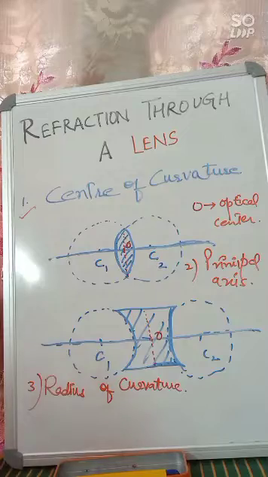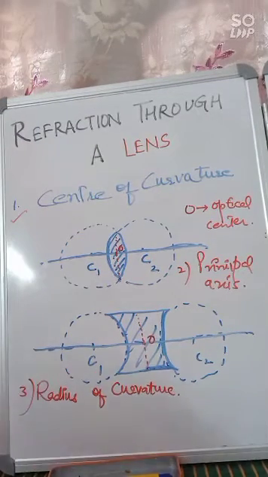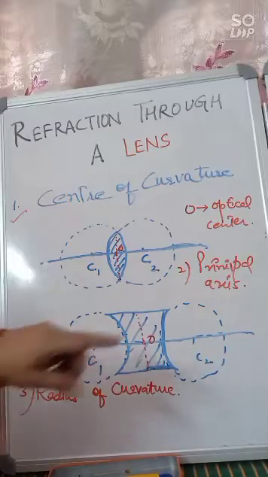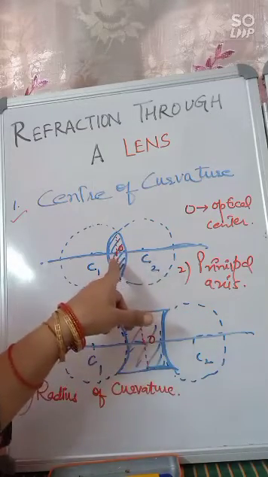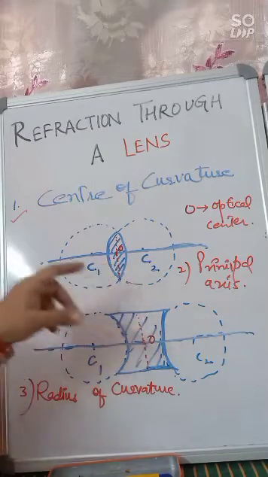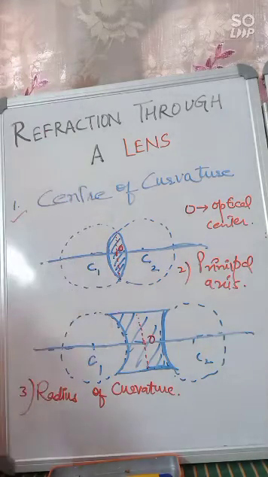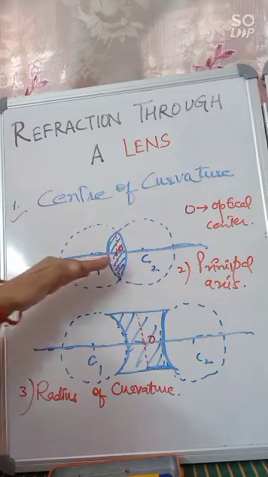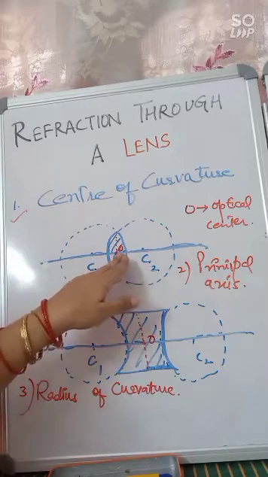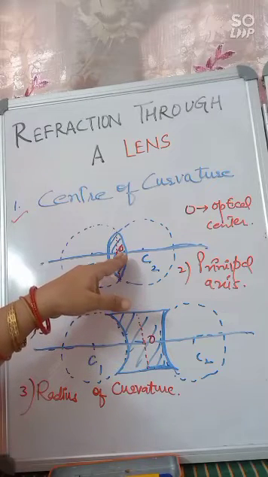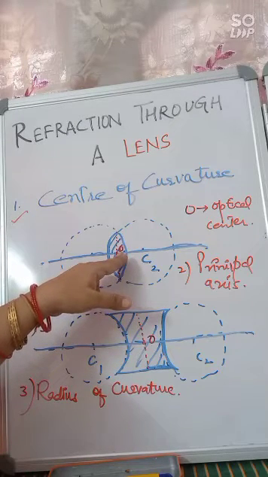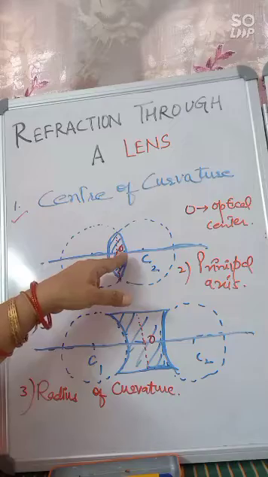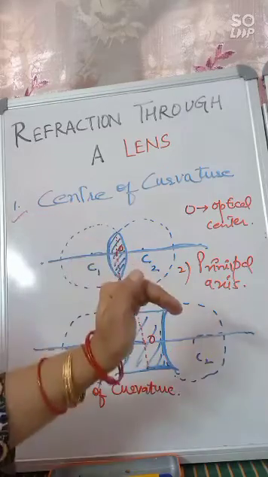So now let's proceed further. Now let's redefine the optical center. The optical center of a thin lens is a point on the principal axis of the lens, such that a ray of light directed towards it passes undeviated.